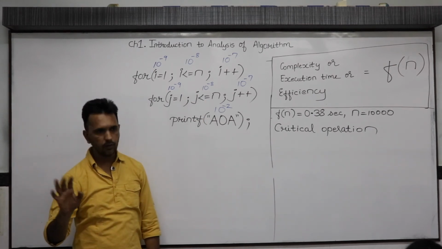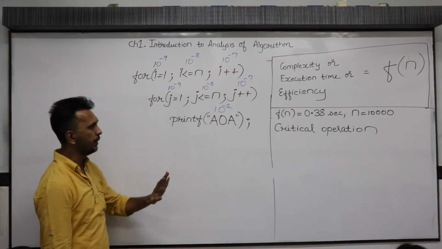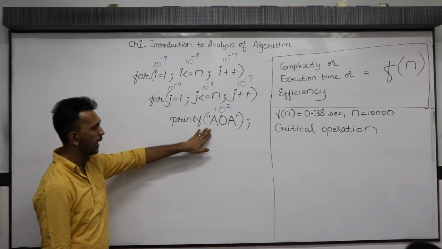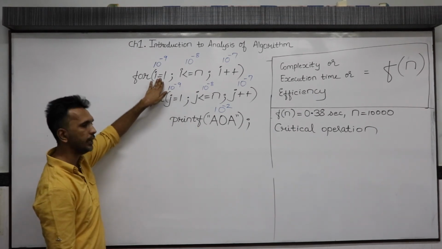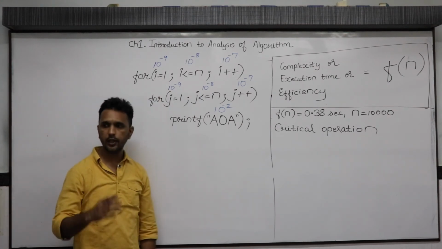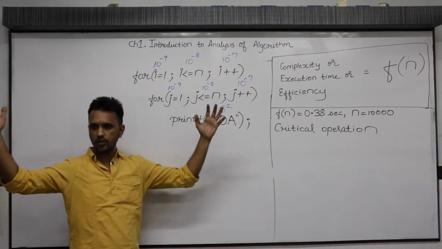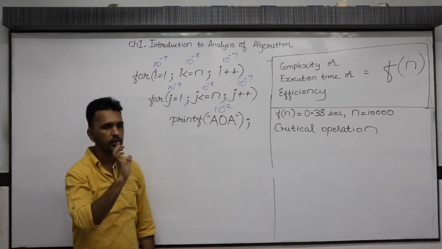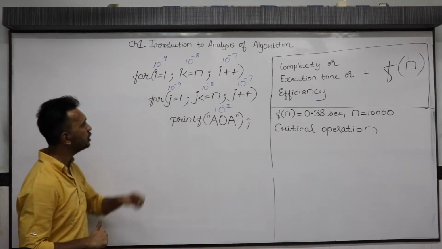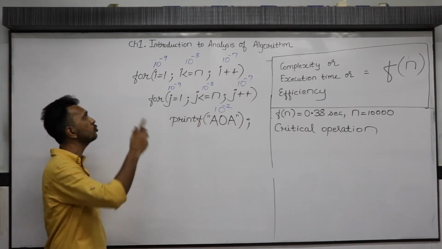I repeat myself, my question is very simple. When you compare the time taken by printf with the time taken by the initialization, after doing the comparison, is the time taken by printf very large or negligible? Very large. Okay, just do division: 10 raised to minus 2 upon 10 raised to minus 9.